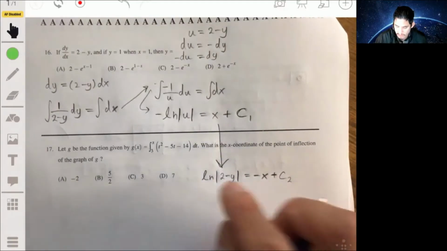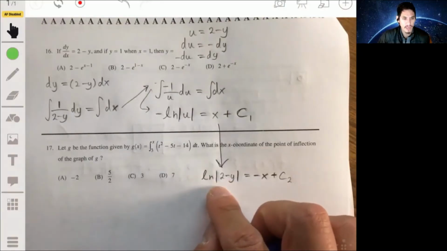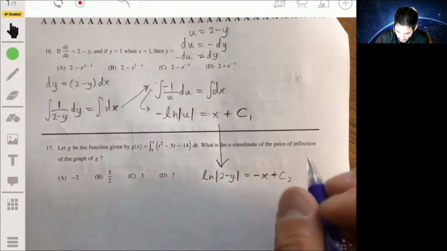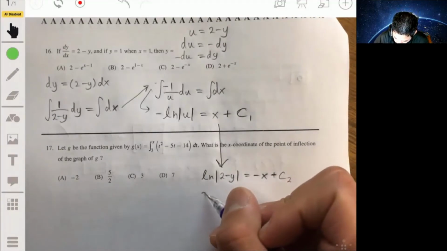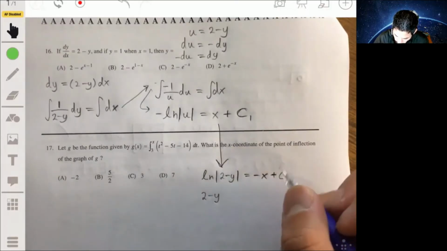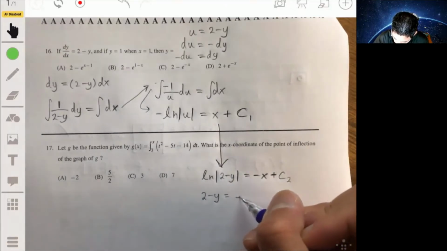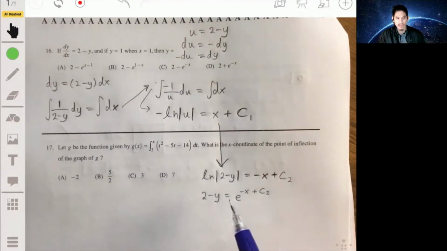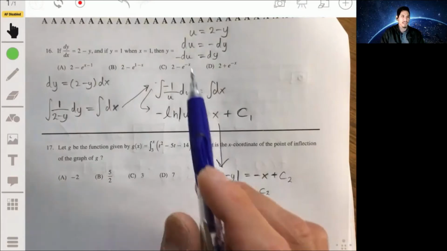Now remember, this is an exponential, or a logarithm with base e. So we're going to write this as e to this is equal to the absolute value of 2 minus y. Now we don't need the absolute value symbol anymore because we're given this condition.